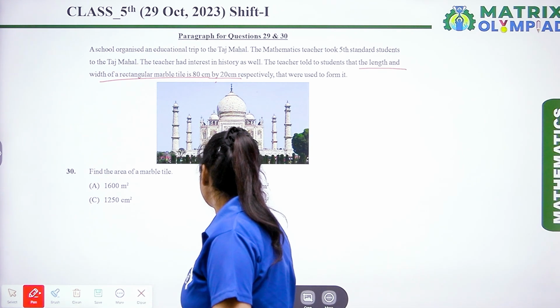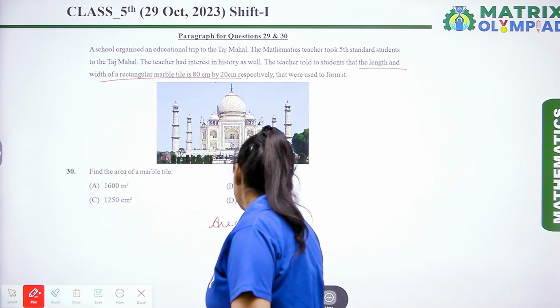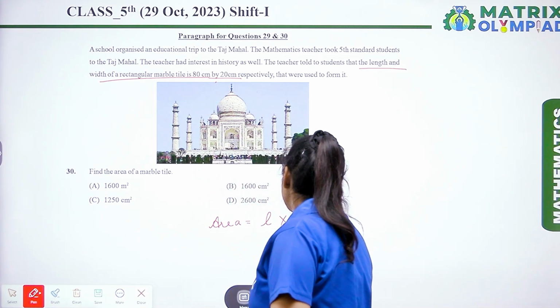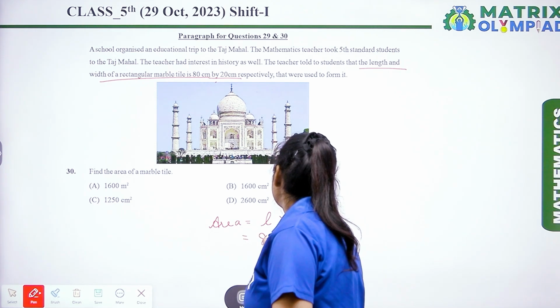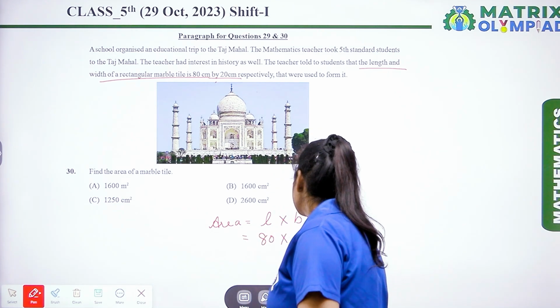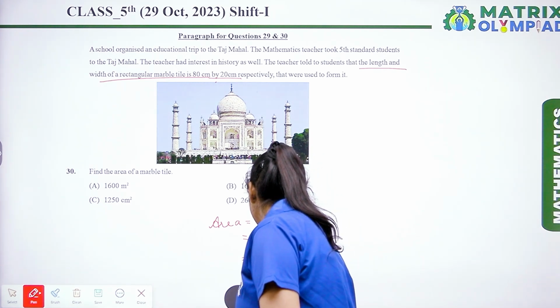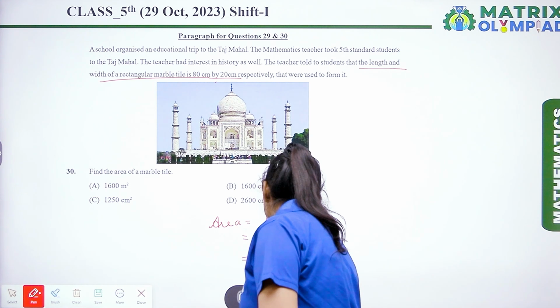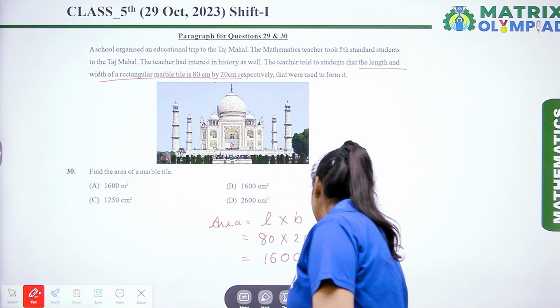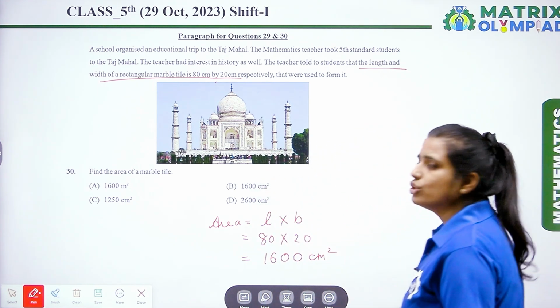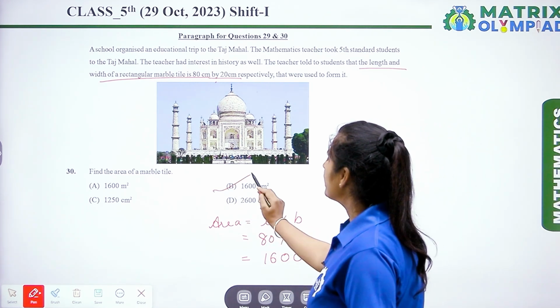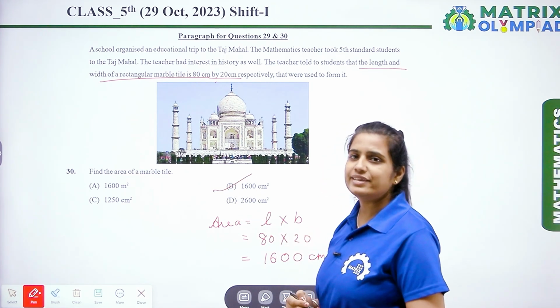Area of rectangle is length into breadth. So here length is 80 and breadth is 20. So 20 multiplied by 80 is 1600 centimeter square. So here option B is the correct answer.